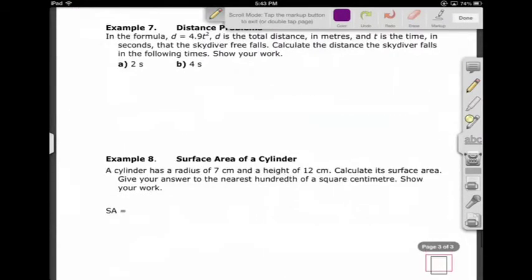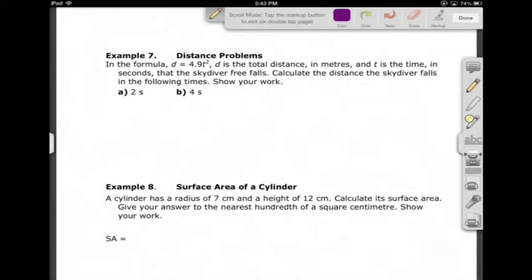Moving on up. You'll see formulas use exponents all the time. Here's one where someone's skydiving. The distance that they're falling, in meters, depends on the amount of free fall time in the sky.